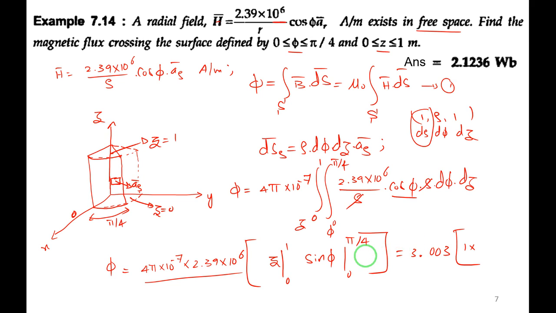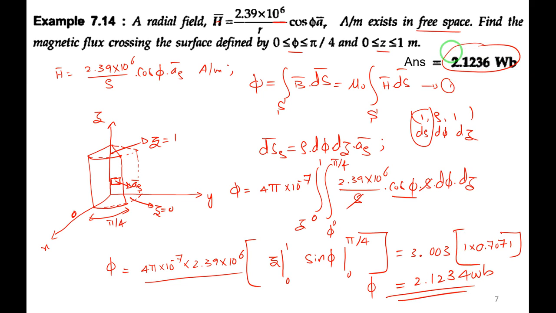So sine of 180 degrees divided by 4, I am getting as 0.707. So multiply with 3.003. I am getting phi equal to 2.1234 Webers. You can check the answer here, 2.1236 Webers.